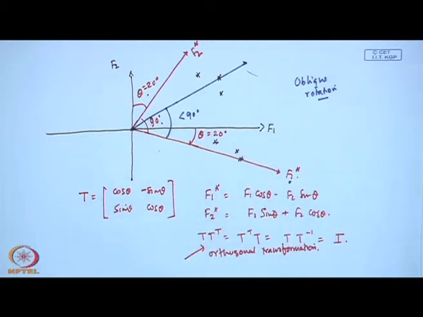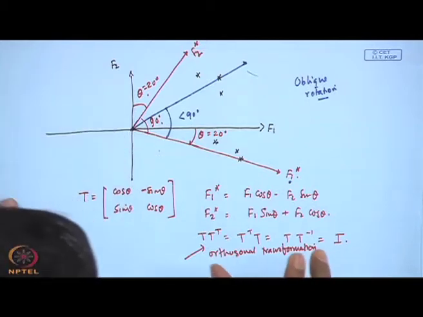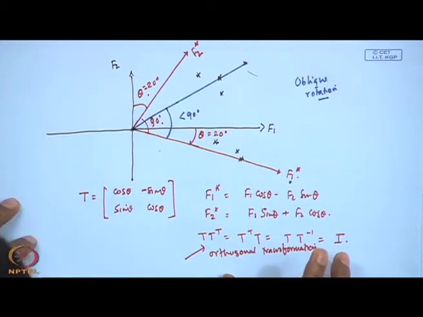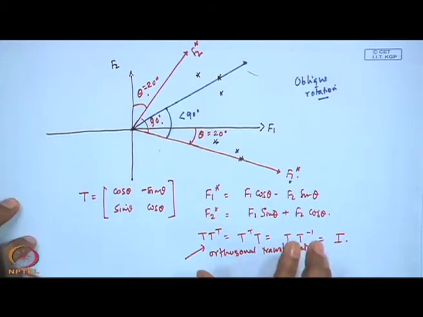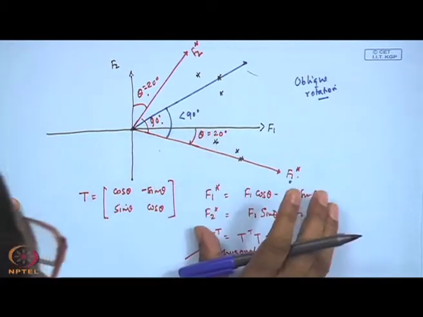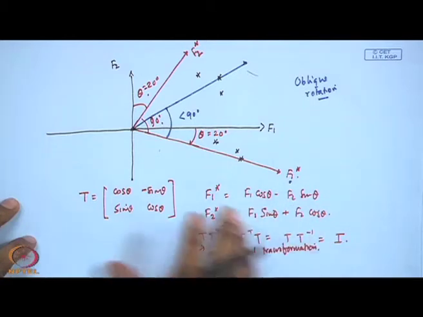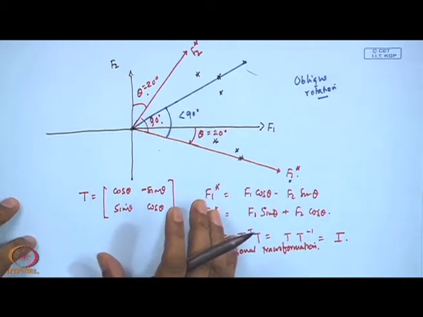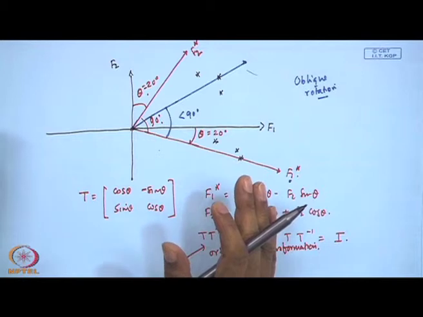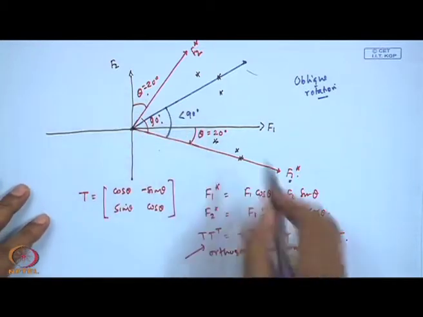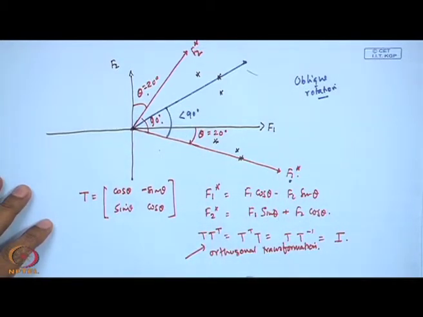Now, what we want to see is whether, under orthogonal transformation, or in other words under orthogonal rotation, we are losing anything related to explaining the variability of the original variables.